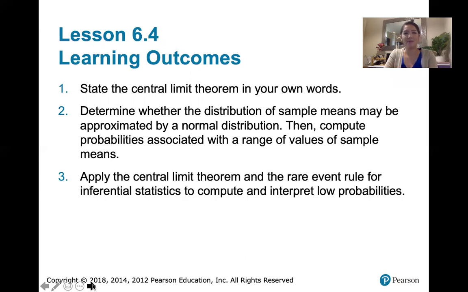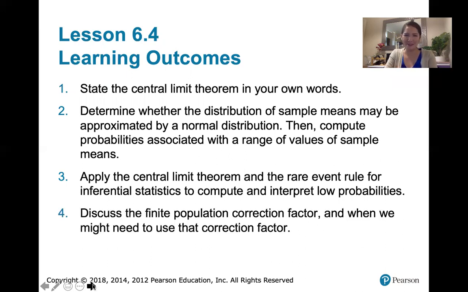And then lastly, we will apply the central limit theorem and the rare event rule for inferential statistics to compute and interpret low probabilities. So that's the plan. Oh, one more. I forgot about this one. Our fourth learning outcome is to discuss the finite population correction factor and when we might need to use that correction factor.